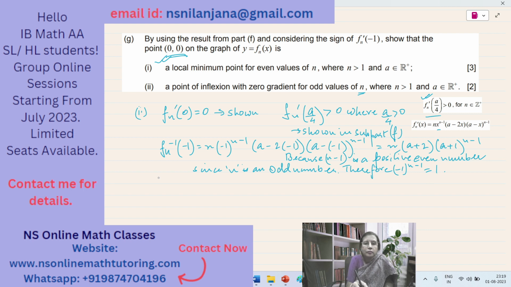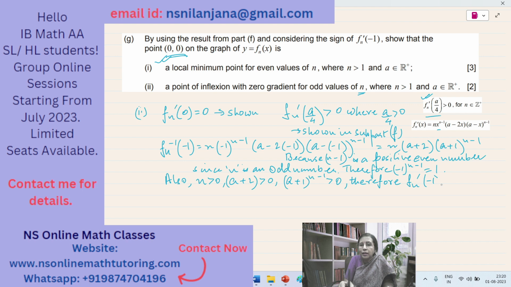Okay. Also, n is greater than 0, a plus 2 is greater than 0, and a plus 1 raised to the power of n minus 1 is greater than 0. Therefore, f n dash of negative 1 is greater than 0.